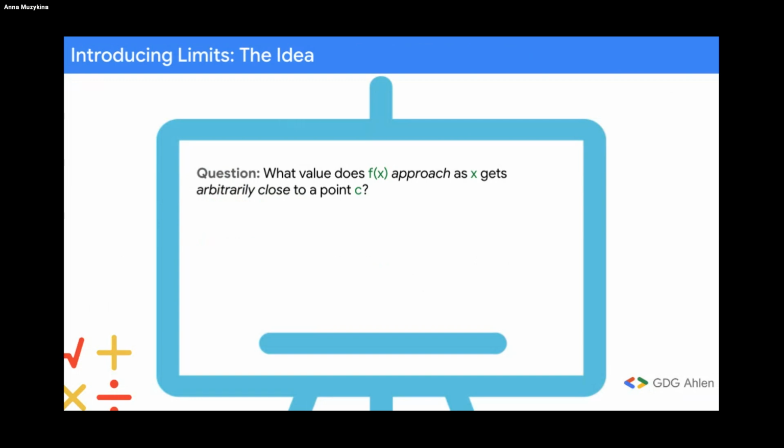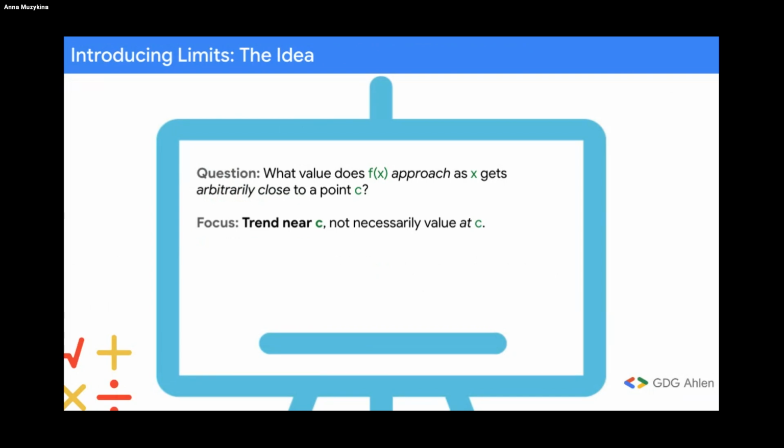Now, let's introduce the core idea of limits. Limits help us answer a fundamental question. What happens to the output value of a function f of x as the input value x gets closer and closer, infinitely close or arbitrarily close, meaning as close as you want, to some specific point, let's call it c?